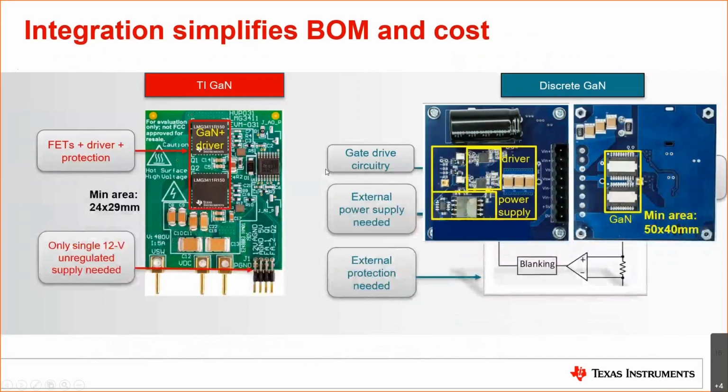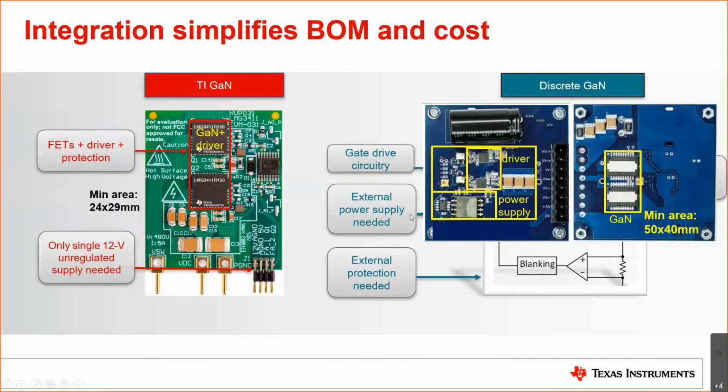Then what does it all mean on the PCB? We did a nice comparison between our solution versus a discrete solution. Our GaN devices with integrated drivers come in an 8x8 millimeter package. And next to some external power, you actually have everything integrated and might only need the smaller passives around.